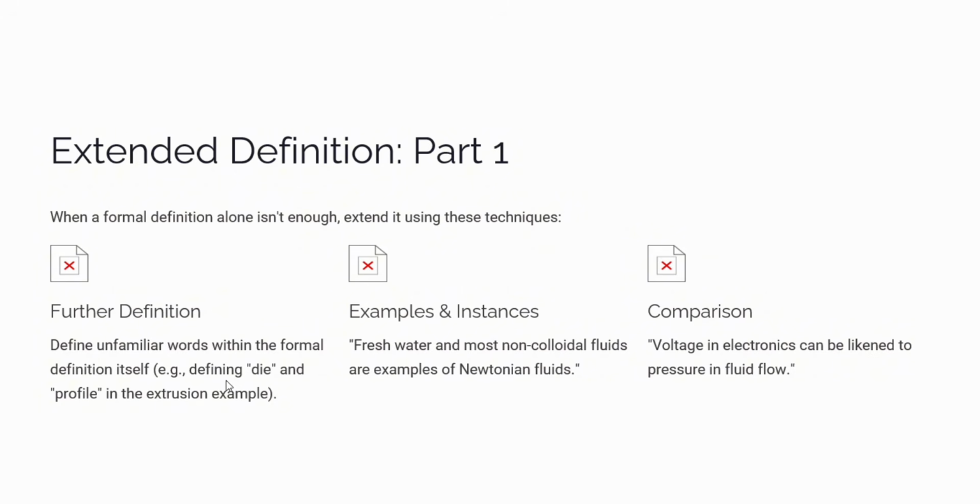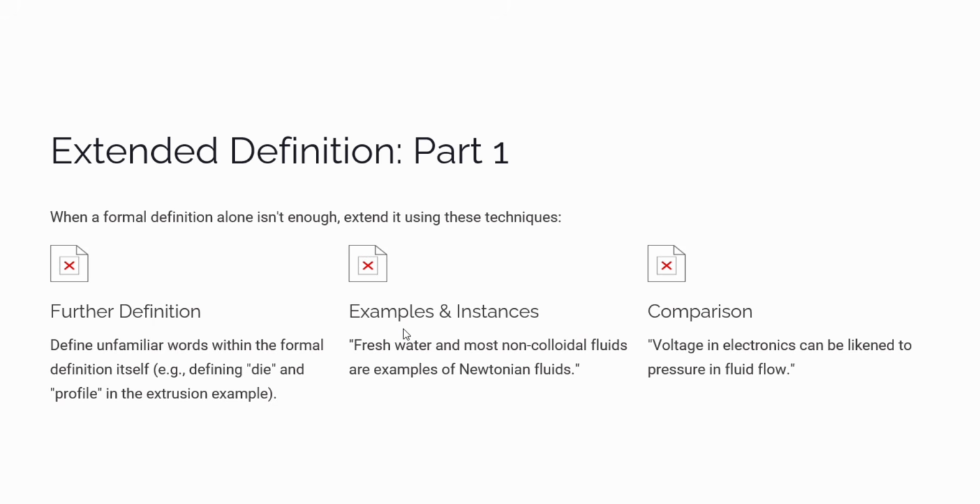For instance, in the example we gave above, you can define die and profile in the extrusion example. So that when you mention die, it will not sound like somebody has died. You understand? So the word die there, you can define it. That is what further definition is.